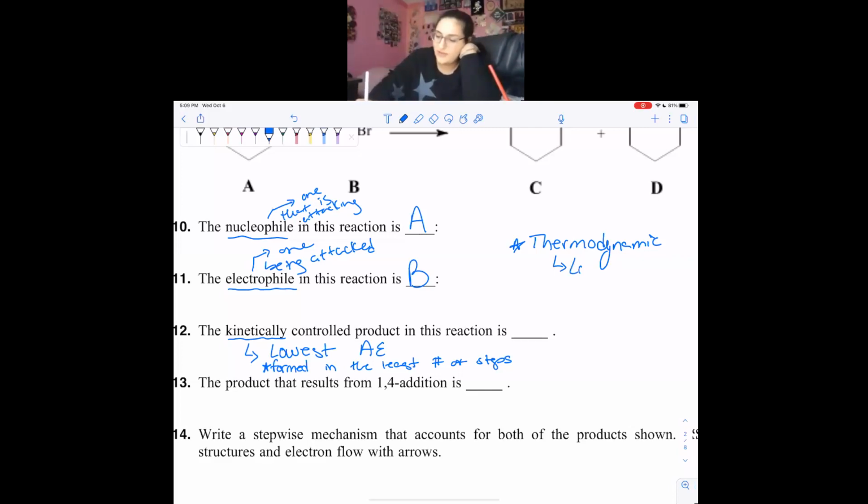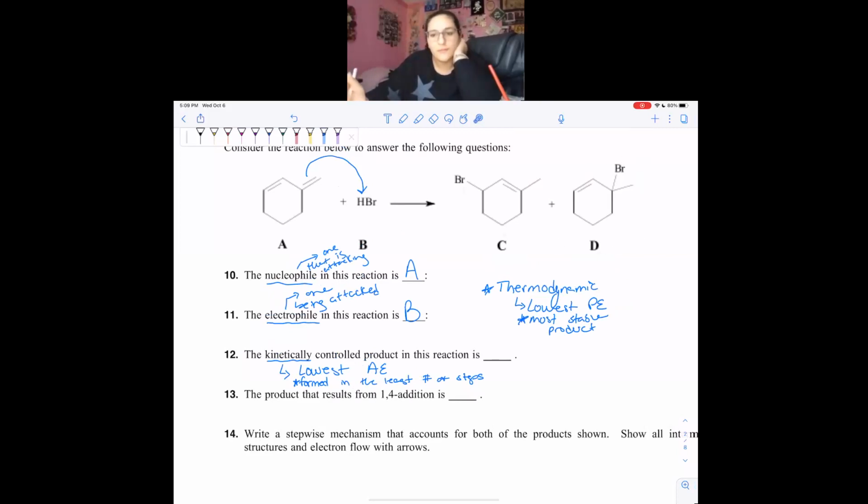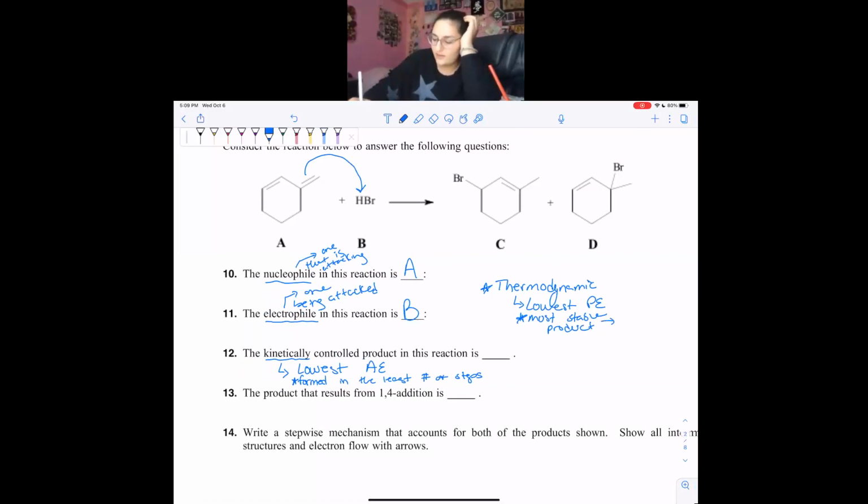Lowest potential energy, perfect. And something else? More stable, exactly. So it's the most stable product. And in these reactions specifically, when we're talking about stability, what are we looking for? Like what tells me which one of these is more stable? More substituted, awesome. And then that brings up a great question, Dustin. So most substituted double bond. Good. Okay.